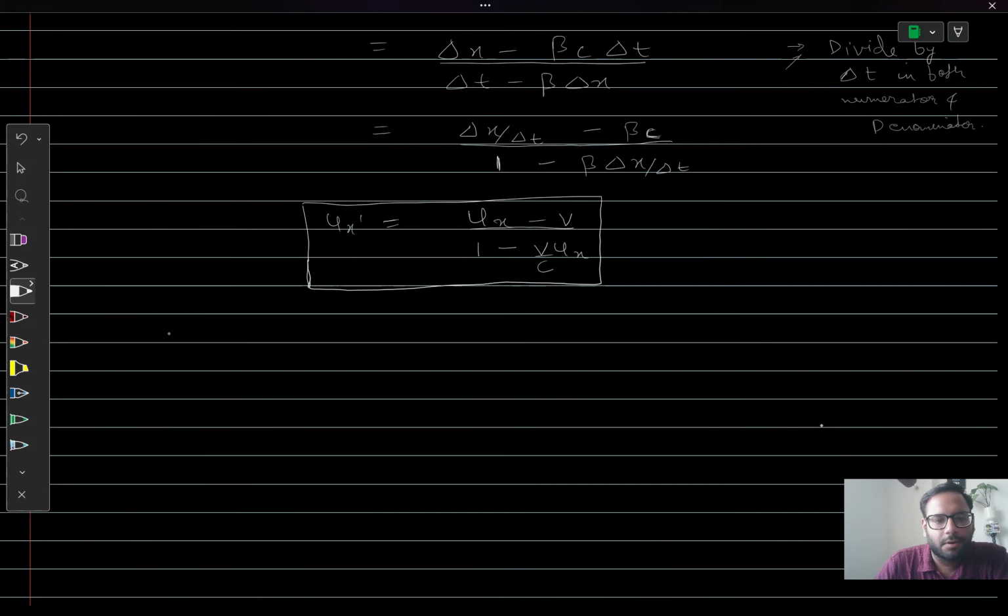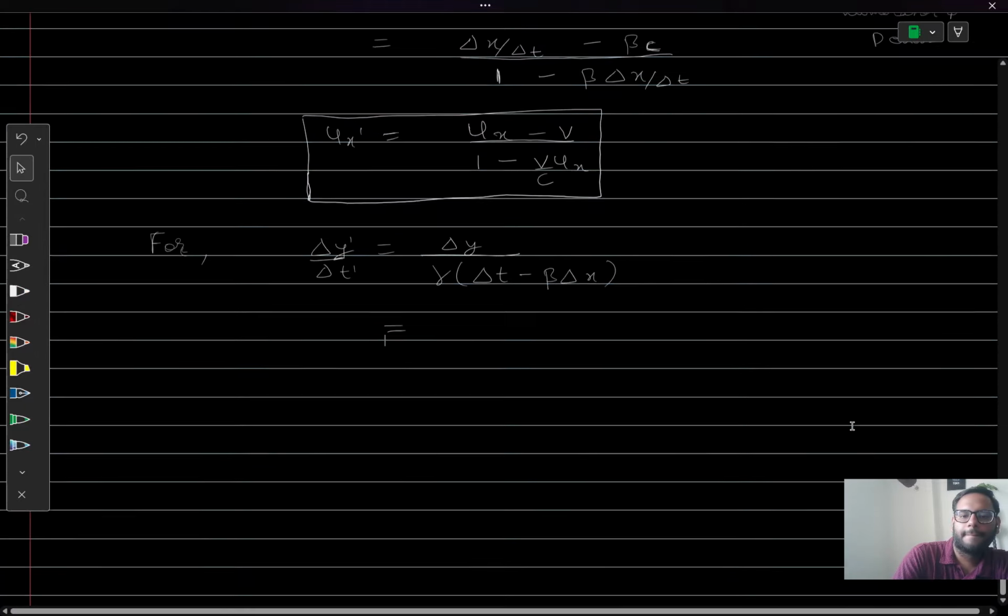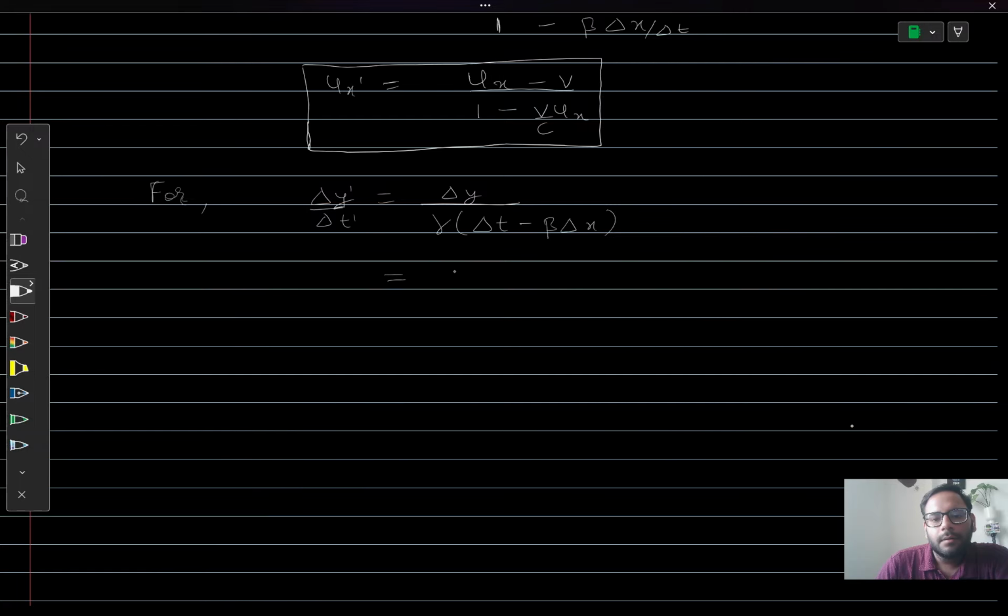Similarly, you can find it for y. In the prime coordinate it is this, and this will be written like this, and delta t minus beta delta x. Now there is a gamma here.